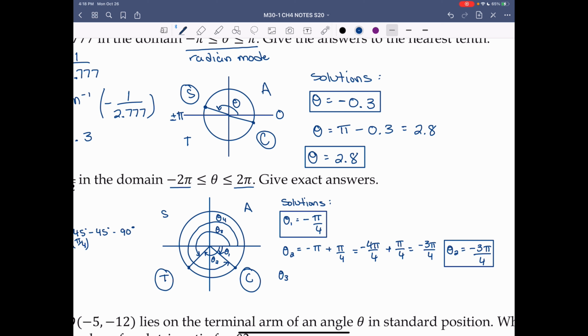Then theta 3, going in the positive direction now, we're past quadrants 1 and 2, so it'd be pi plus the reference angle of pi over 4, which is 4 pi over 4 plus pi over 4, which gives us 5 pi over 4. So theta 3 is 5 pi over 4.